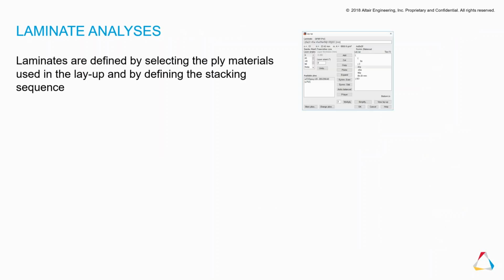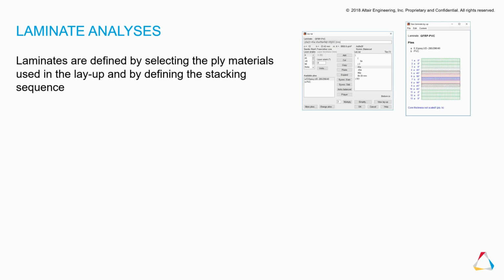Moving further into laminates, once we have a ply material defined, we can go further into defining a laminate layup, selecting the ply material, defining layer orientations. There are different features to make this easy. You can use multipliers for substacks and so on.